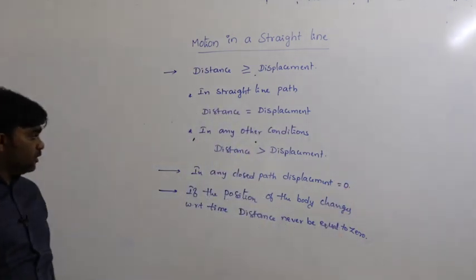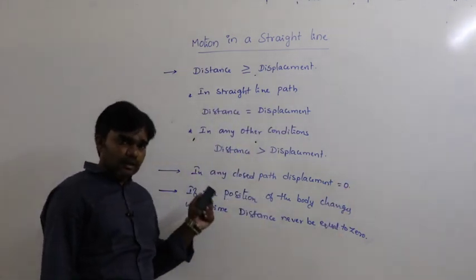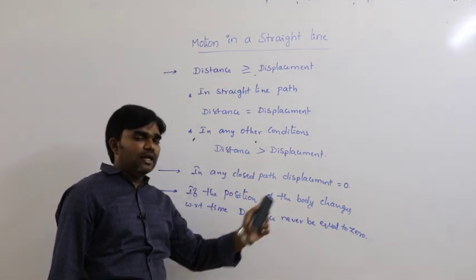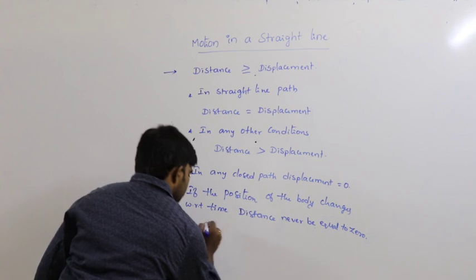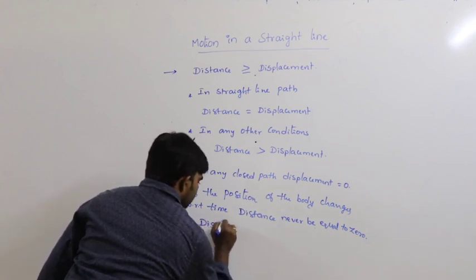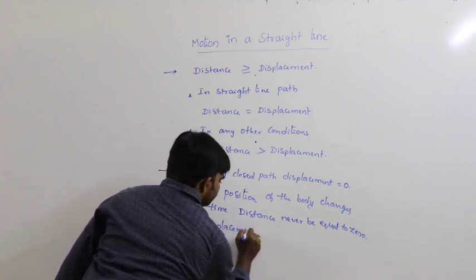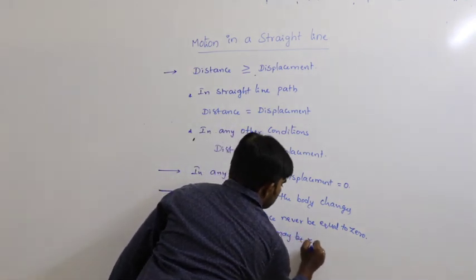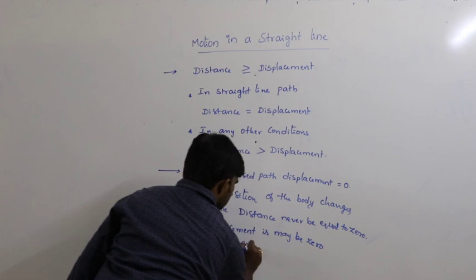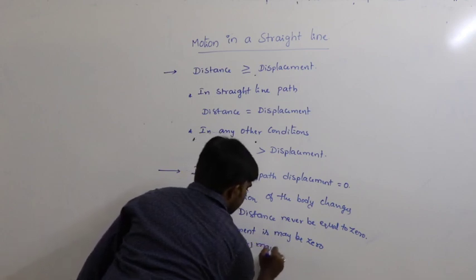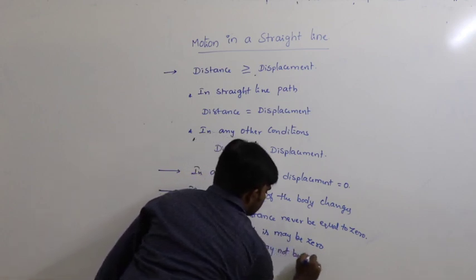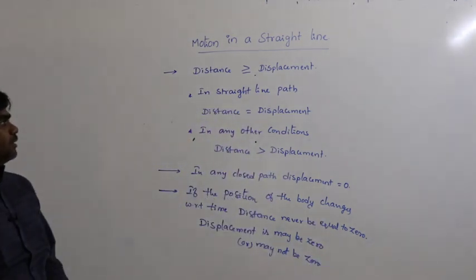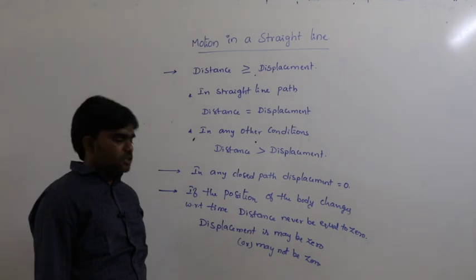If the position of the body changes with respect to time, that means if the body is in motion, the distance of the body can never be equal to 0. But the displacement may be 0 or may not be 0. So these are the 3 points we have to remember based on the distance and displacement.